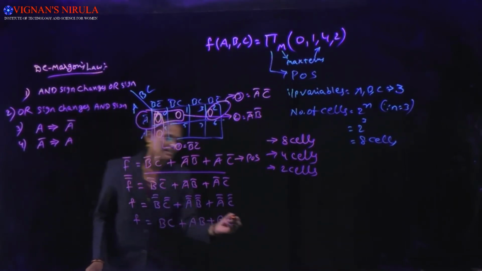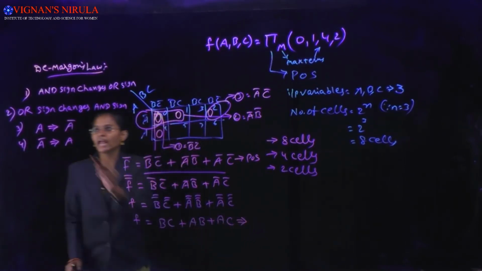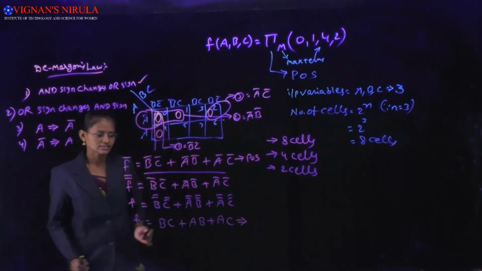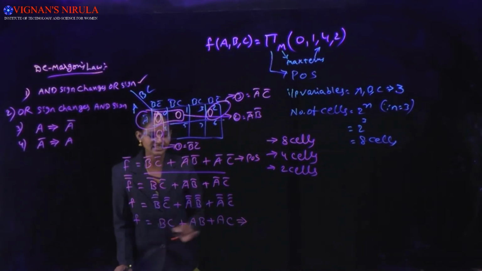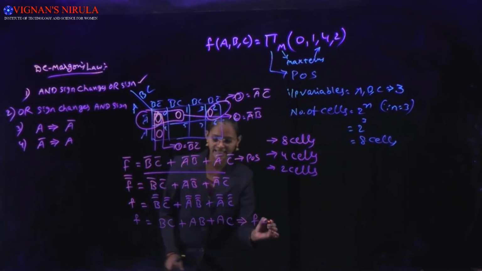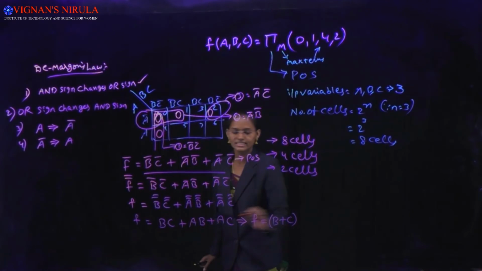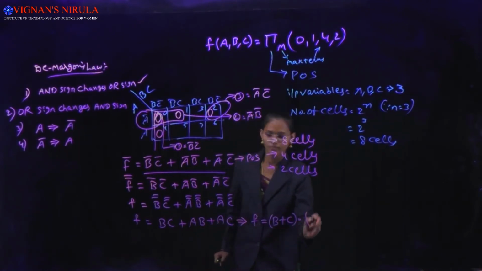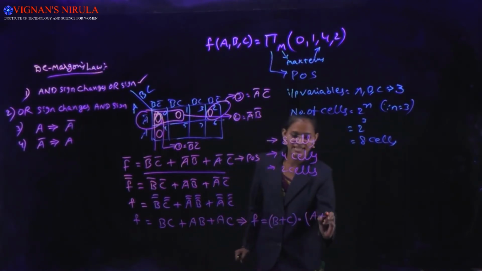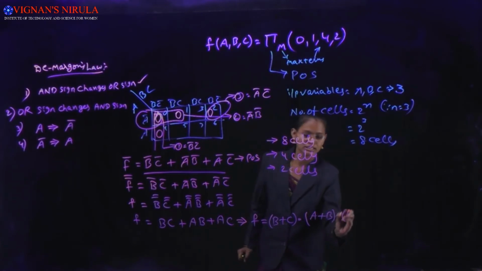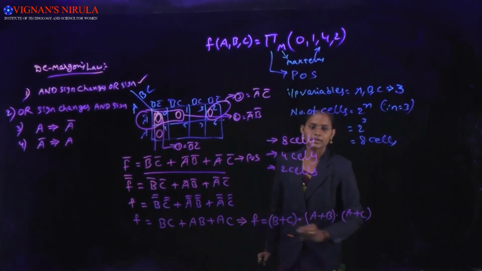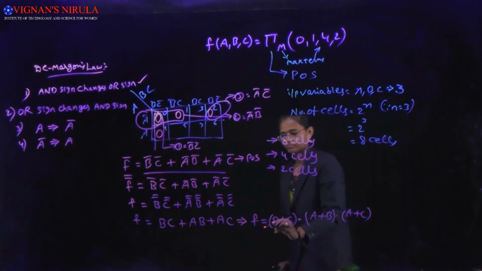Next, apply the change: the AND sign is changed to OR sign. Here B plus C, A plus B, and A plus C. This is the POS form.